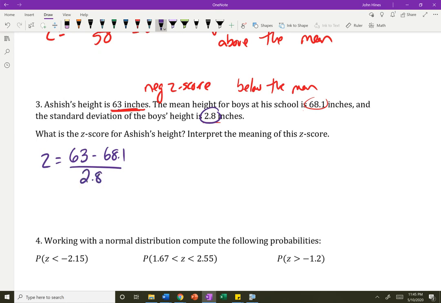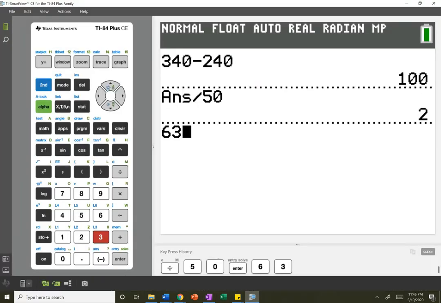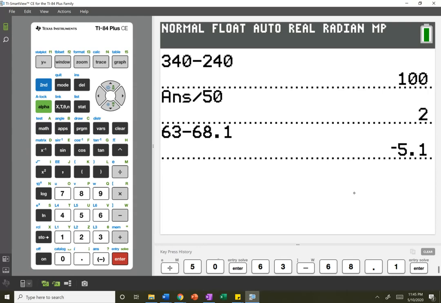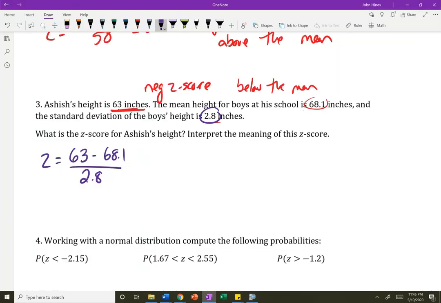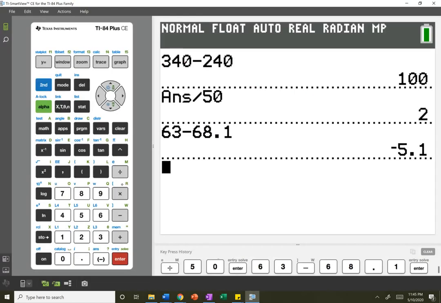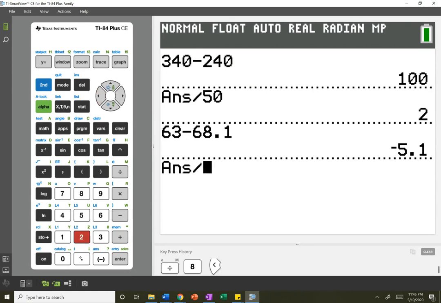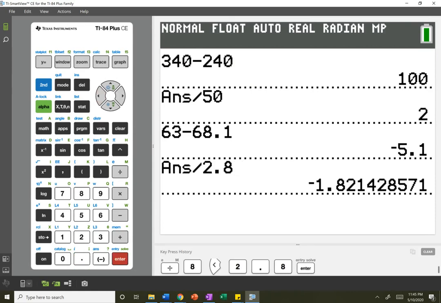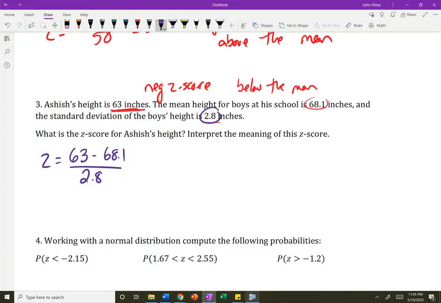I care about in terms of how many standard deviations he is from the mean. So I find the difference: 63 minus 68.1. That's how many inches he is, but I want it in terms of standard deviation, so divided by 2.8. How many standard deviations is he below the mean? About negative 1.82.